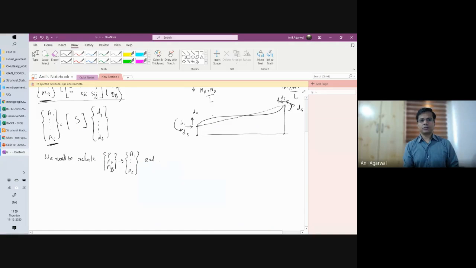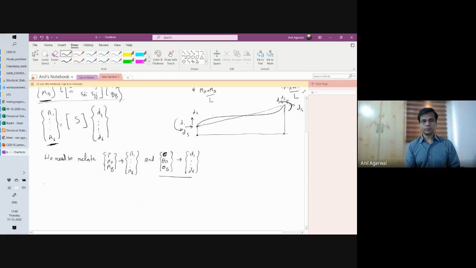And we need to relate E, theta A, theta B to D1 to D6. Correct? So let's deal with this problem first.